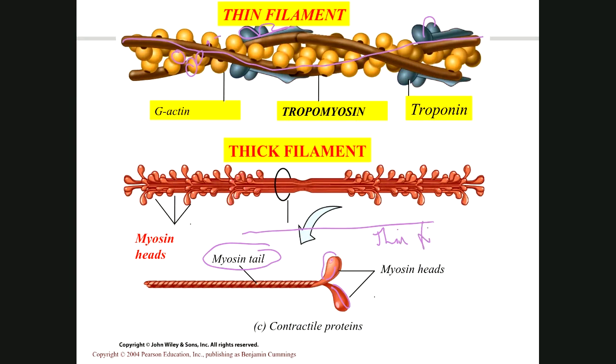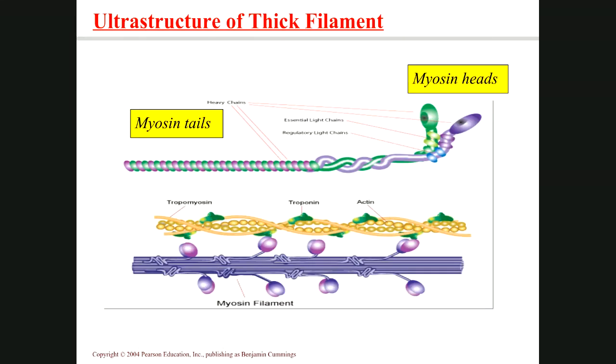So the myosin is a protein that has a head here, and then what's called a tail, and the heads have a site in the middle which attracts or binds to the active site of actin.